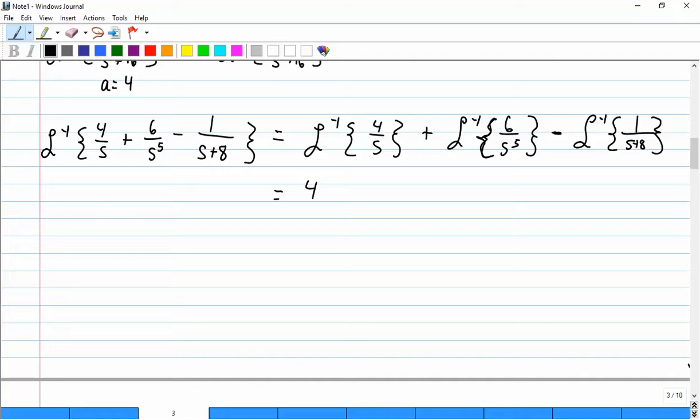So I would want a 4 factorial in the numerator. So you need to bring the 6 out, and then bring out a 1 over 4 factorial. So you'd have 6 over 4 factorial, which can be simplified, and should be. t to the 4th, and then minus, and this last one, that's the easiest one, e to the negative 8t.